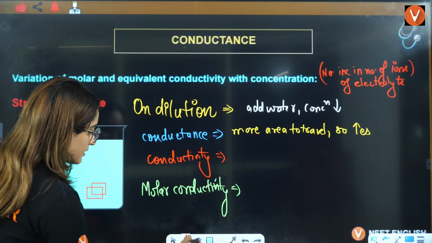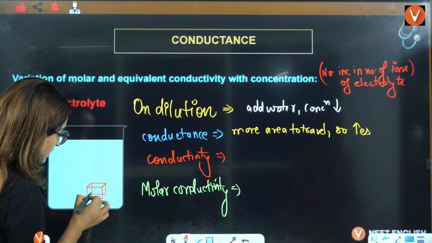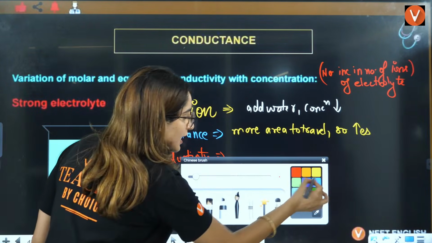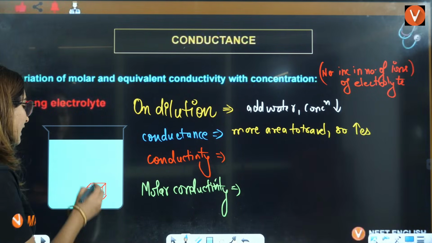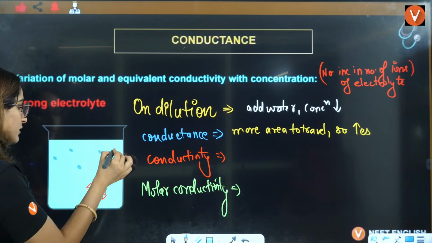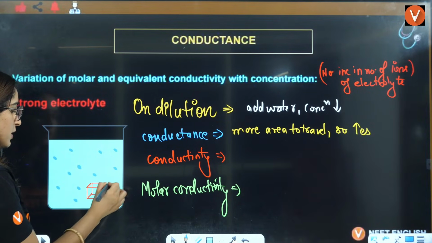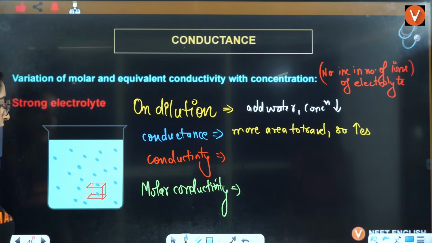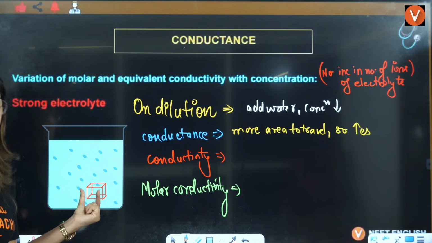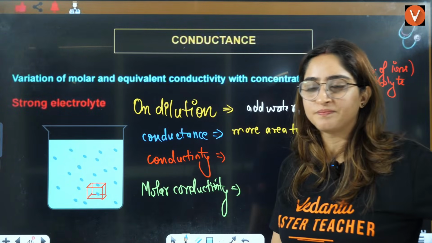Now, what will happen here is that those 20 ions, because number of ions are not increasing, will try to accommodate in this much volume: 1, 2, 3, up to 20, right? Can you see number of ions in that unit volume has now decreased, right?